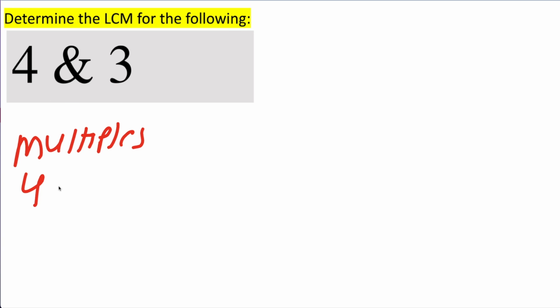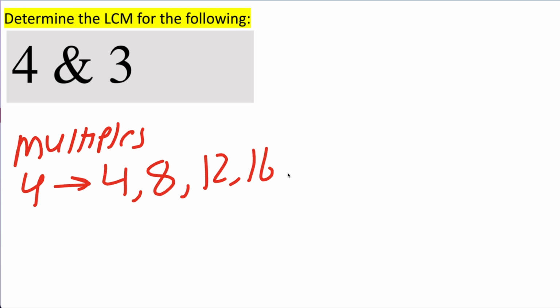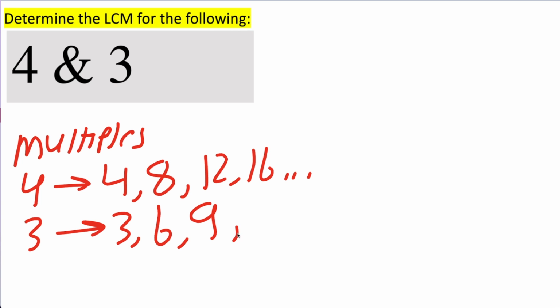So for 4, we get 4 times 1 is 4, 4 times 2 is 8, 4 times 3 is 12, 4 times 4 is 16, and so on. It may very well not be any of these numbers. We may need to continue, but let's just try 3. So 3, we get 3 times 1 is 3, 3 times 2 is 6, 3 times 3 is 9, and 3 times 4 is 12.